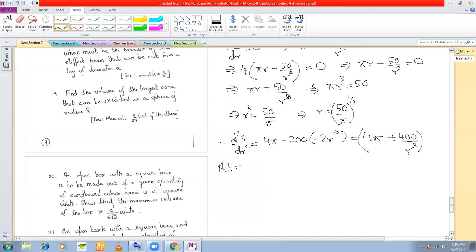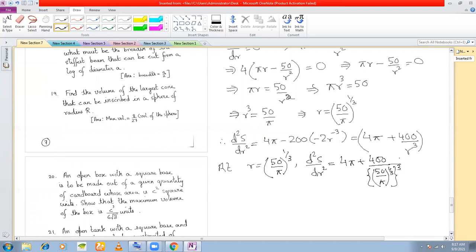At r is equal to 50 by pi to the power of 1 by 3, d2s dr2 is equal to 4 pi plus 400 divided by 50 by pi to the power of 1/3 whole cube. So you don't need to see that anything. Now you know that this is positive.